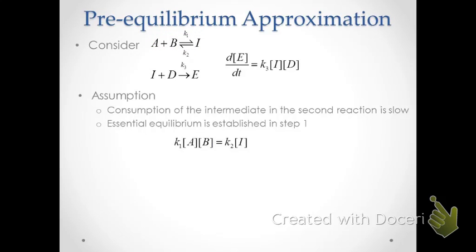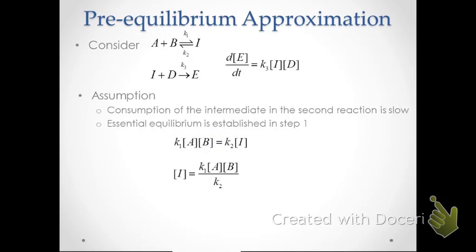Now, if that's the case, of course, we know that in a reversible reaction in equilibrium, the rate of the forward step is equal to the rate of the reverse step. So therefore, we have k1 times A times B for the forward step, and that's equal to k2 times the intermediate concentration in the reverse step. Again, that would be the definition of an equilibrium. All right.